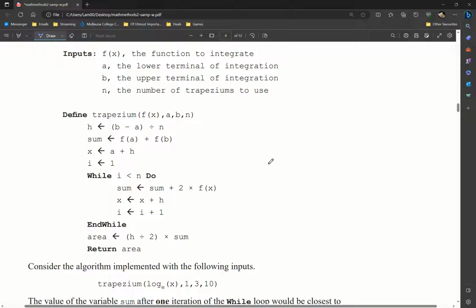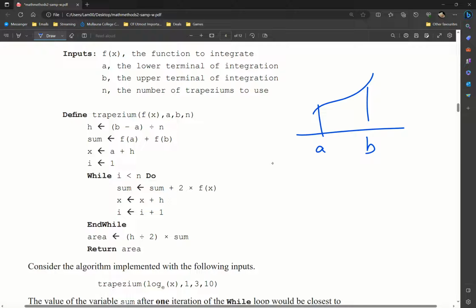Okay, so essentially what's happening is that using the inputs we've got from the start of the question, f of x of course is the function to integrate, a is the lower end, and b is the upper end. So what you're looking at is a function, I'm just going to draw it on here, but imagine that you've got your function, your lower terminal, your upper terminal, okay? And you've also got the width of those trapeziums. Not h, sorry, n.